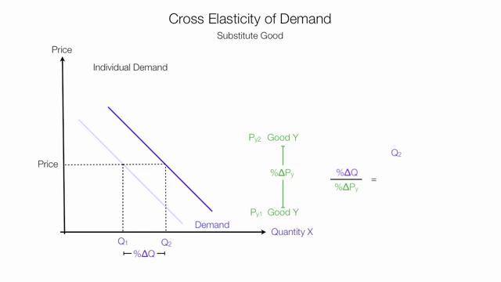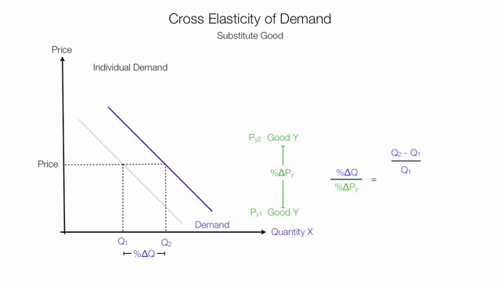This is equal to the second quantity minus the first quantity divided by the first quantity. Let me show you this on the graph. Q2, that's the second quantity, minus the first quantity divided by the first quantity. So I have Q2 minus Q1 divided by Q1.